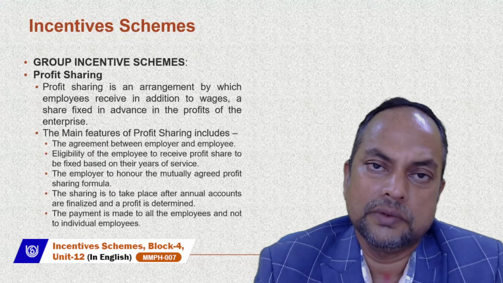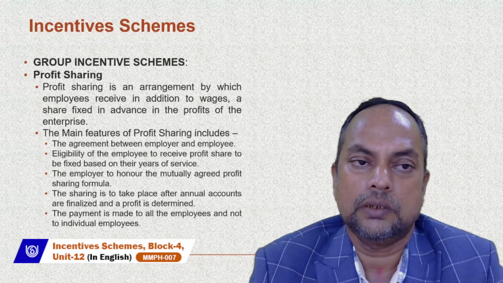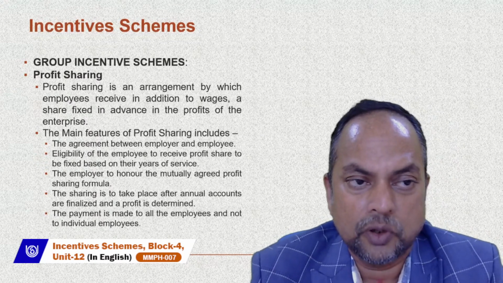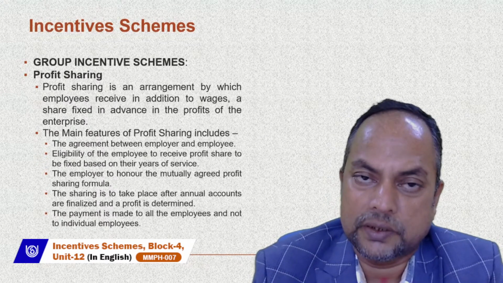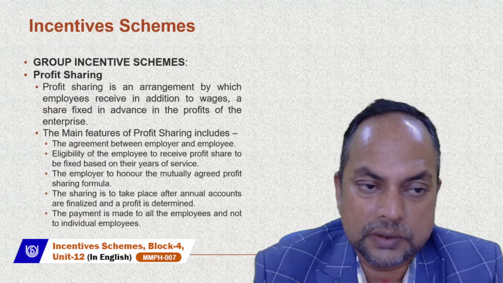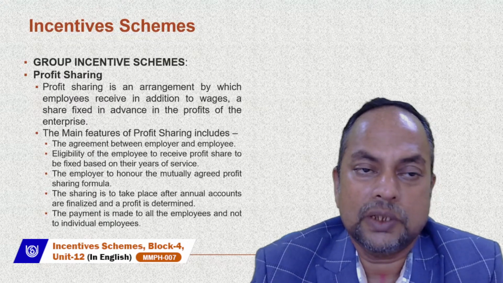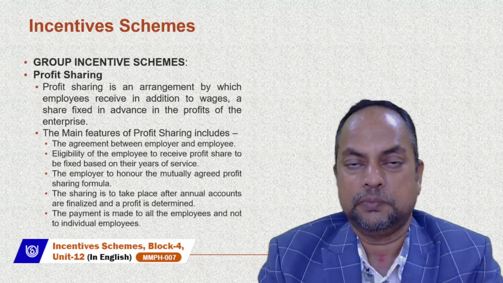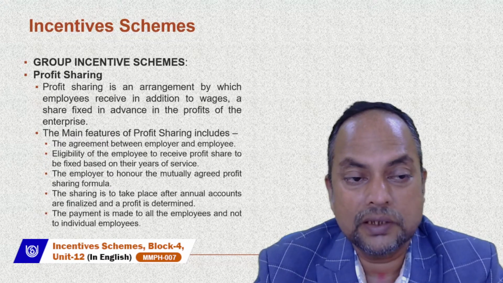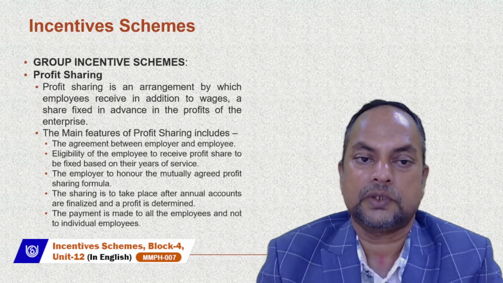What is the objective? The objective is that if at all the organizations do earn a profit, it is entirely because of the workers, their productivity. So, if the organizations are making a profit out of their productivity, why not share it with the workers, right?